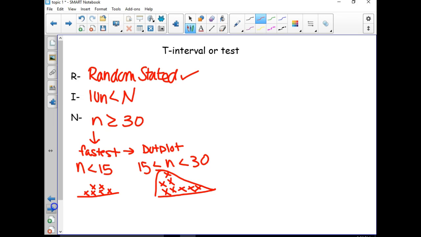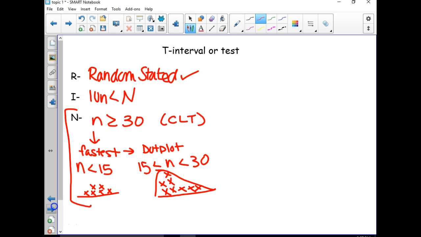Do you guys remember? The central limit theorem, yeah, because of the central limit theorem. Now, there's one catch. If it states it's normal in the problem, we don't even have to worry about any of this. We can just state, instead of even showing that n is greater than 30, if it comes from a normal parent population, we're good to go. Questions there?